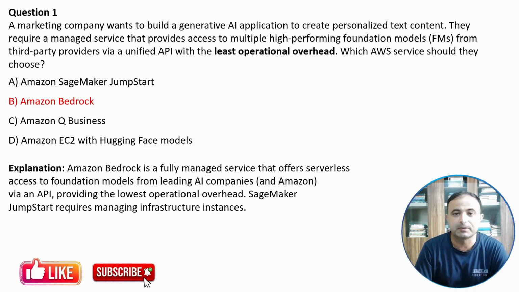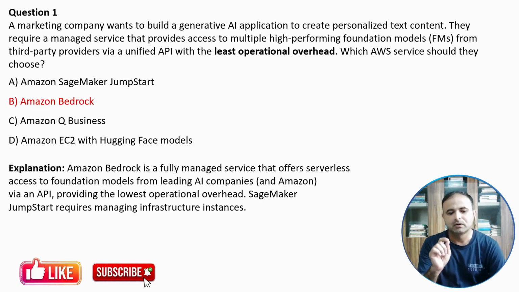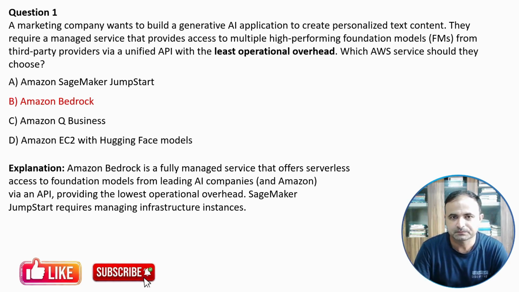That is Amazon Bedrock. Why? Amazon Bedrock is a fully managed service that offers serverless access to foundation models from leading AI companies and Amazon via API, providing the lowest operational overhead. And my question also says least operational overhead. SageMaker JumpStart requires managing infrastructure instead.